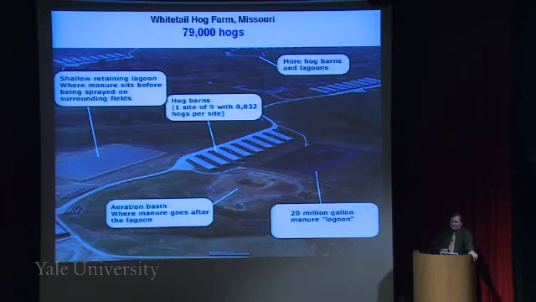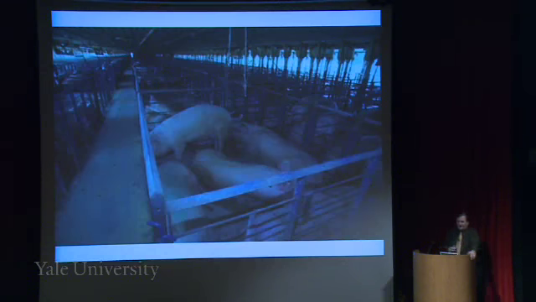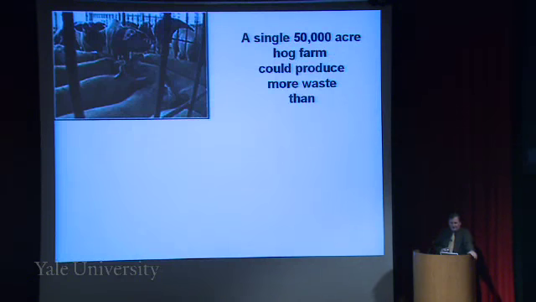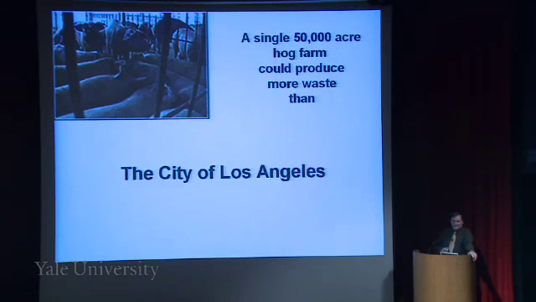And there's great concern about what that waste does for global warming, as I mentioned earlier, and for groundwater, et cetera. And you generate huge amounts of waste when you have animals in these kind of conditions. So a single 50,000 acre hog farm can produce more waste than the entire city of Los Angeles.